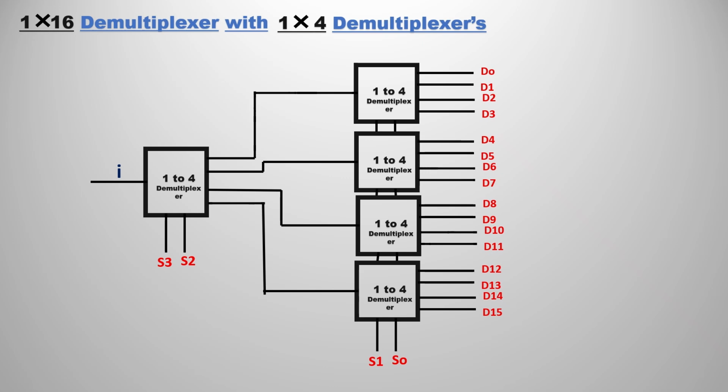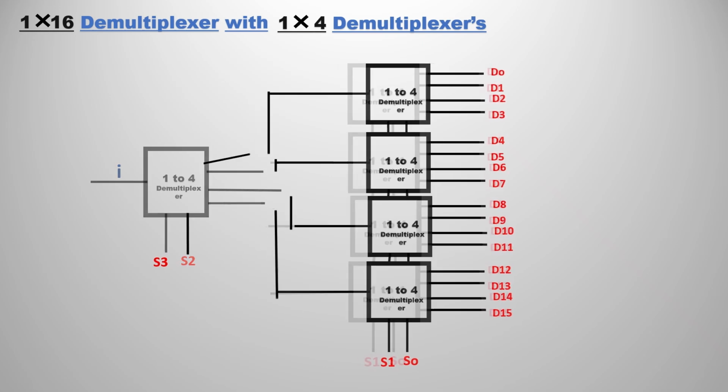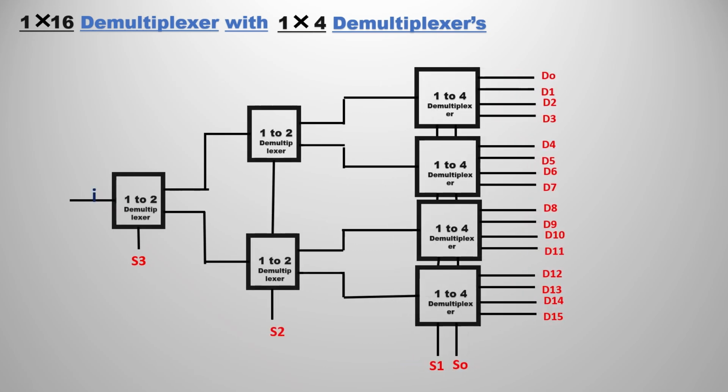The 1x4 demultiplexer can also be changed to 1x2 demultiplexers. So we will see that implementation now. This is the thing I am talking about. For the first four 1x4 demultiplexers, we have 2 select lines, that is S1 and S0. If you see clearly, for the first 2 we connect a 1x2 demultiplexer, and for the next 2 we connect another 1x2 demultiplexer.